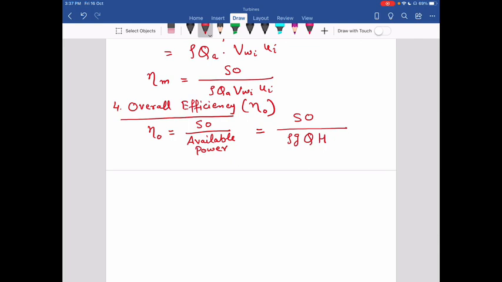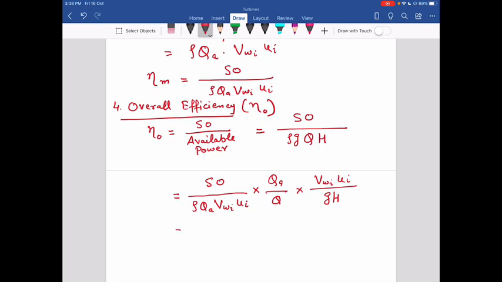Now I can write this in another form: shaft output divided by rho QA VWI UI, into QA divided by Q, into VWI UI divided by GH.